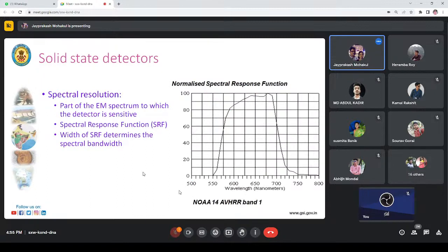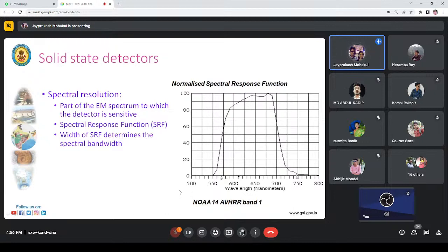Now, as we discussed, what is the spectral response of a solid state detector? If a detector is capable of measuring EMR in the range of 550, it is measuring at 800 also. Some energy it is measuring. So its effective range is not from here to here.